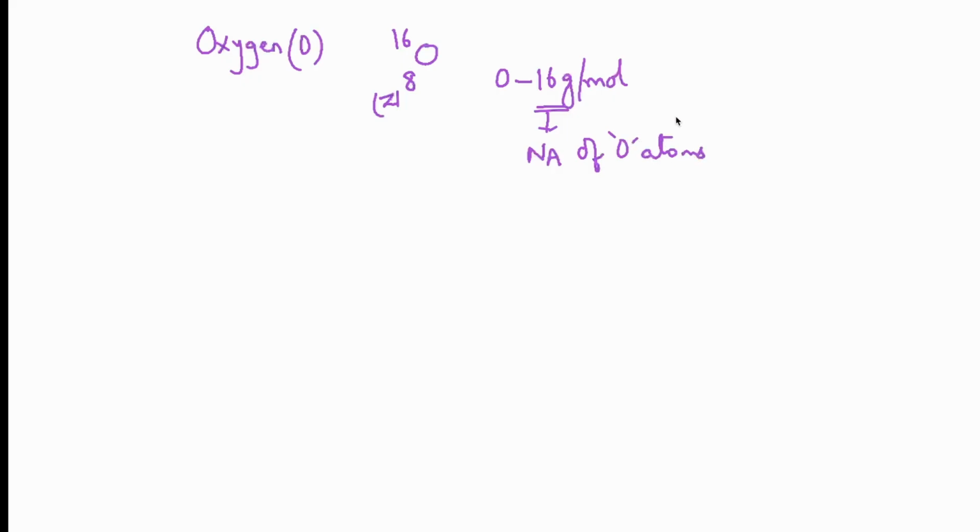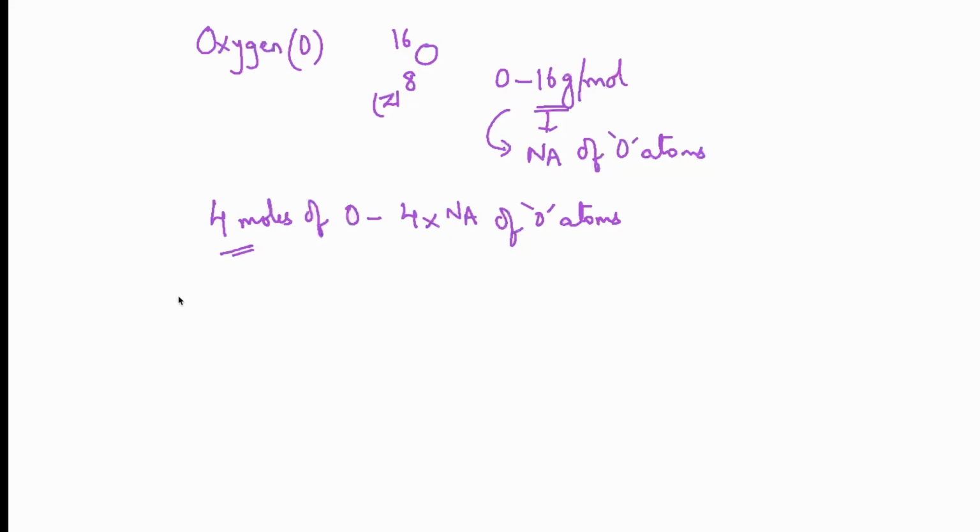So the Avogadro number is 6.022 x 10^23. So this is in 1 mole. So 1 mole of oxygen would weigh 16 grams and would contain this many oxygen atoms. Similarly, if you were to take 4 moles of oxygen, then that would contain 4 x Avogadro number of oxygen atoms. So this is for atoms.